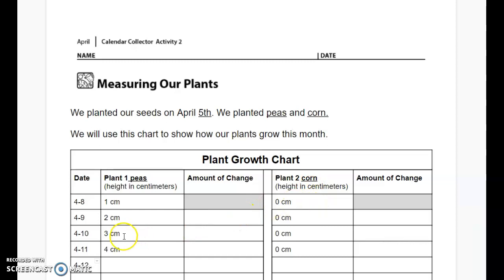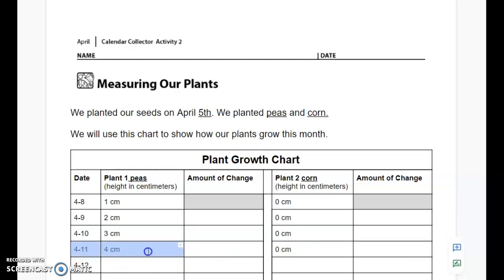What I want you to do now is fill in the rest of our dates for the 9th, 10th, and 11th over the weekend, and how much our plants have grown on those days. So fill in this first row for your peas and your corn. When you're done, you'll fill in the next row for April 10th for your peas and your corn.